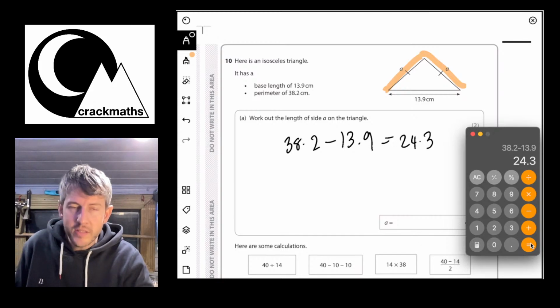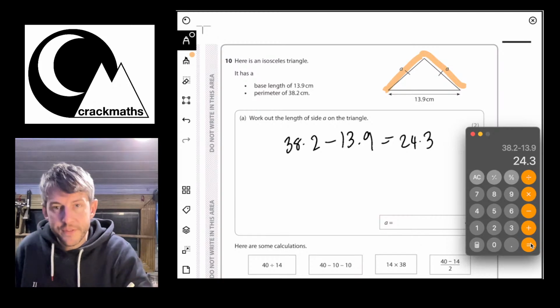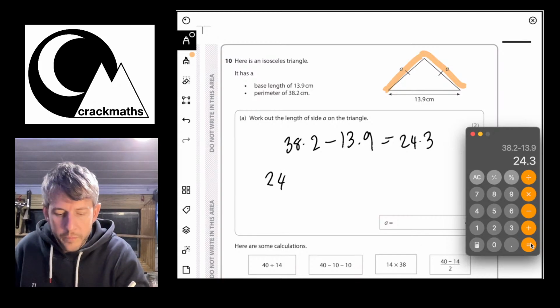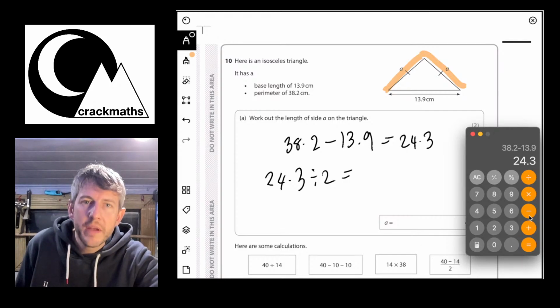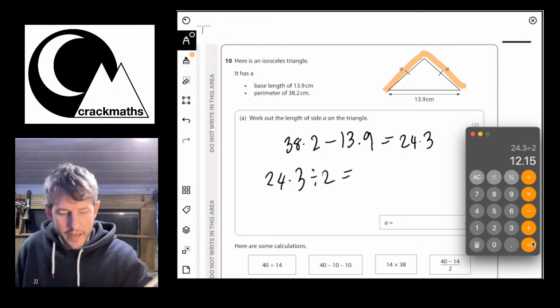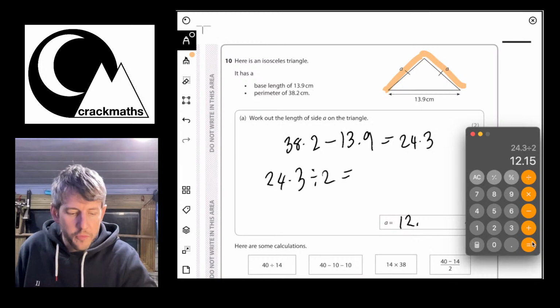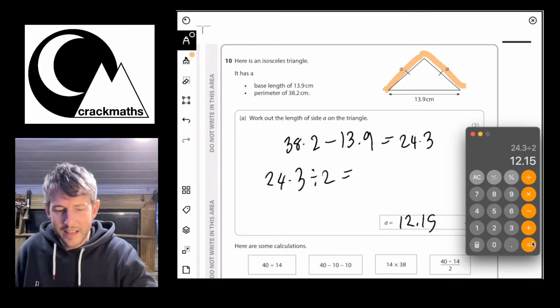Now, the thing about an isosceles triangle is that two of the sides are the same length. So I know that both of these sides are the same length. So what I can do is 24.3 divided by 2, and that will give me the length of one of these sides. So if I divide this by 2, I will get my answer. And here we go. The answer is 12.15.